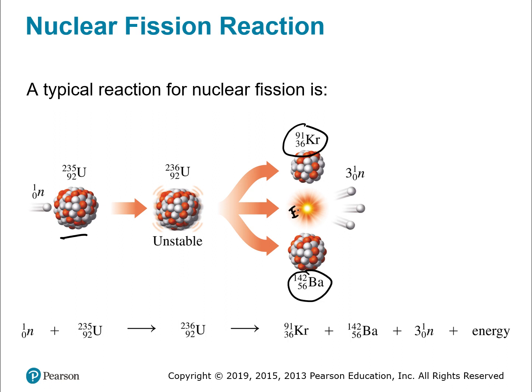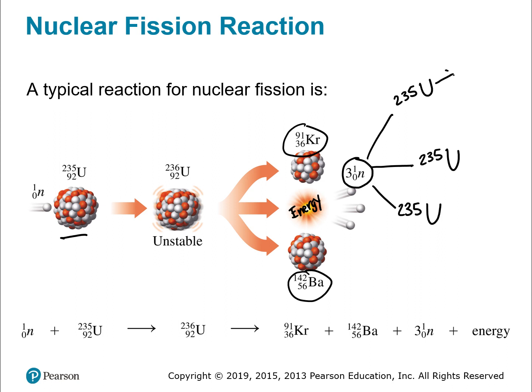That's what this little sunburst is. That's a lot of energy. And it also makes more neutrons. Those 3 neutrons can then go on to find 2 more or 3 more uranium atoms to do the same thing again.